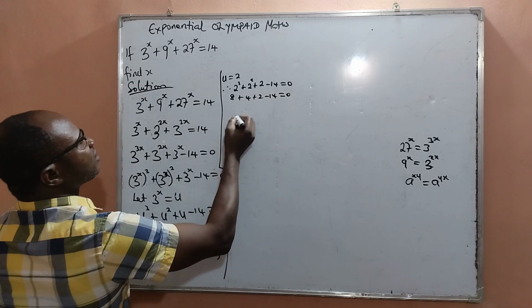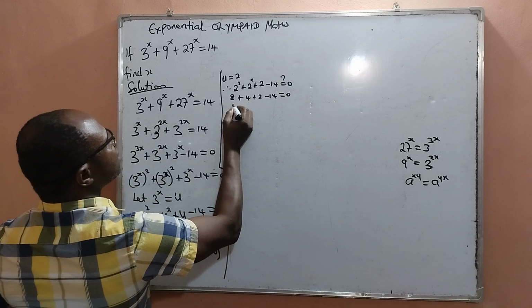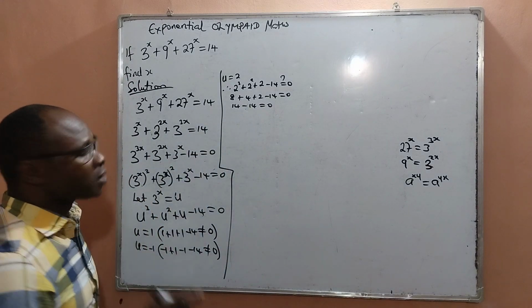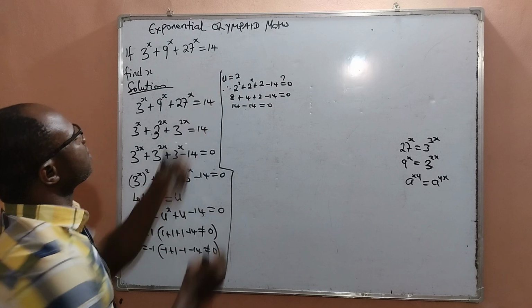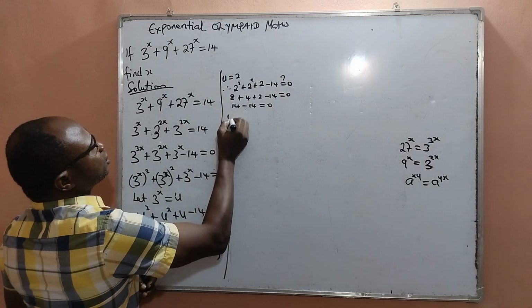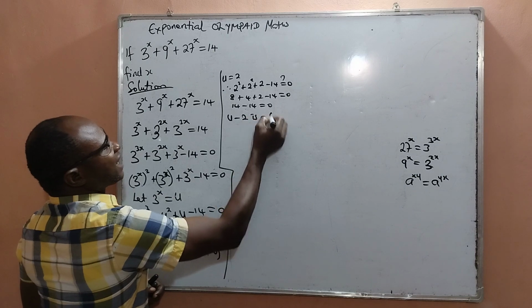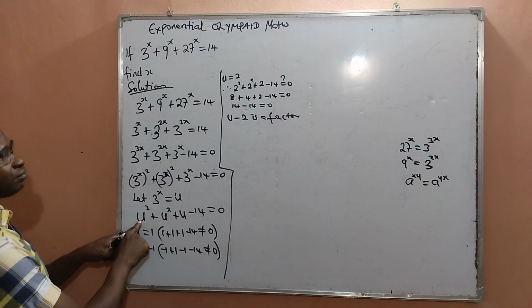Is it equal to 0? I want to find out. Then this plus this is 12 plus this is 14 minus 14 equal to 0. Therefore, u equal to 2 gives us 0. It implies that u minus 2 is a factor of this.